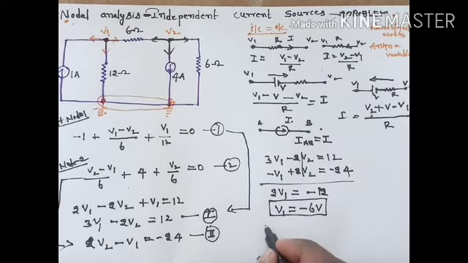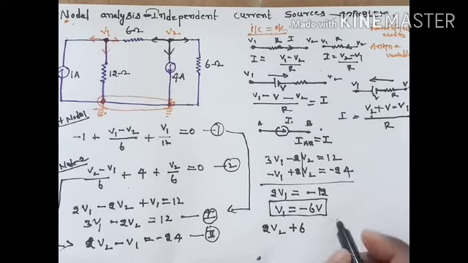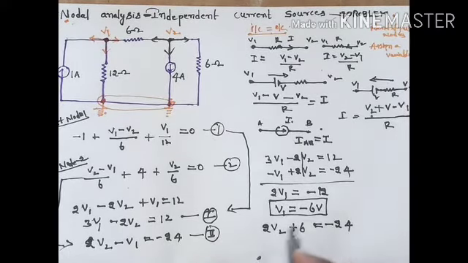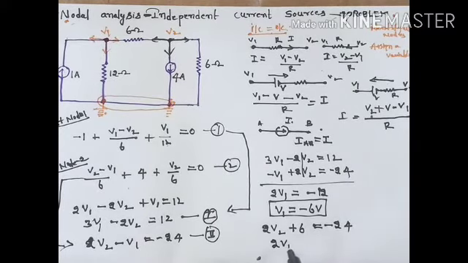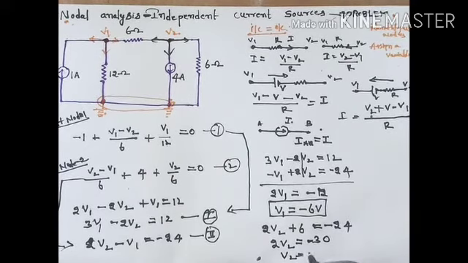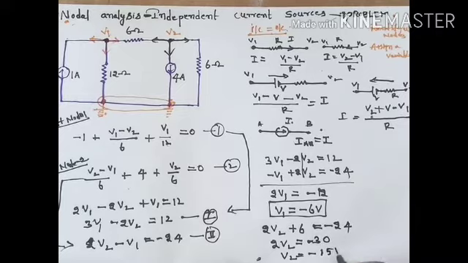So 2V2 plus 6 is equal to minus 24, then 2V2 is equal to minus 30, and V2 is equal to minus 15 volts.